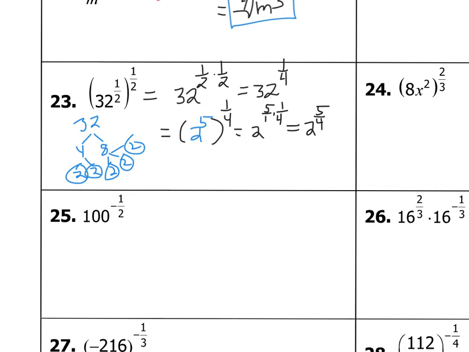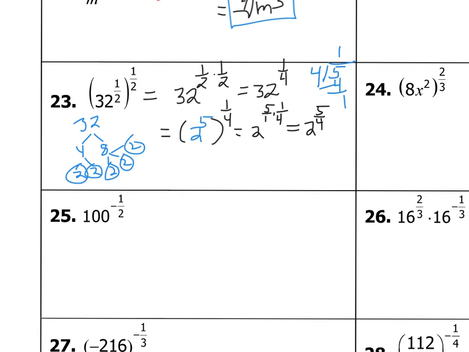All right, so then I'm going to leave that 2 to the 5/4 because I'm going to figure out how many 2's stay under the radical and how many 2's come out. So I'm going to take 5 and divide it by 4. So 4 goes into 5 once with 1 left over.